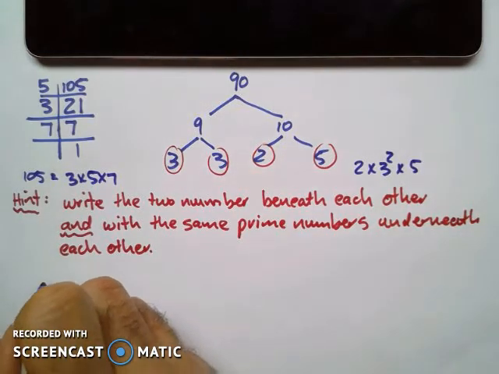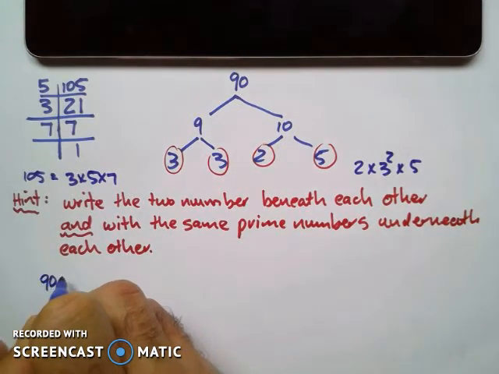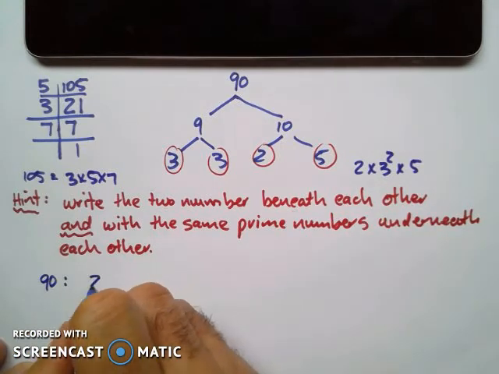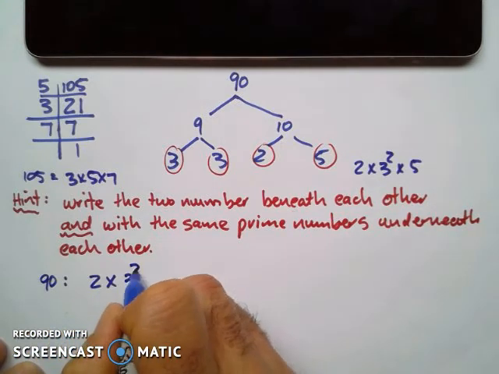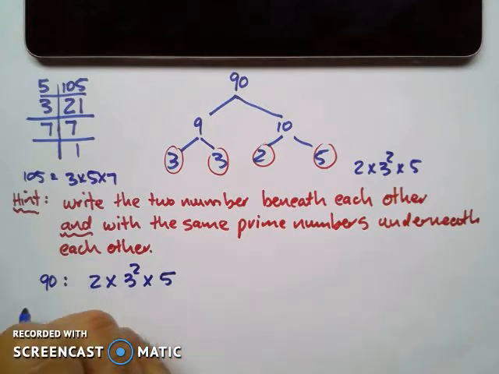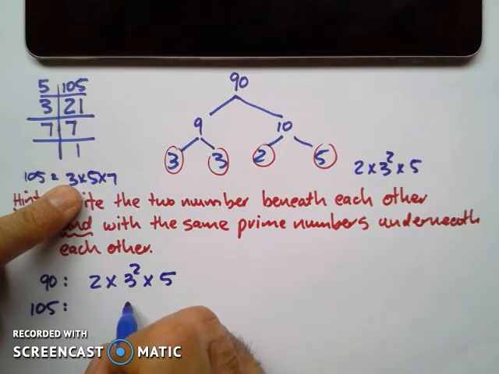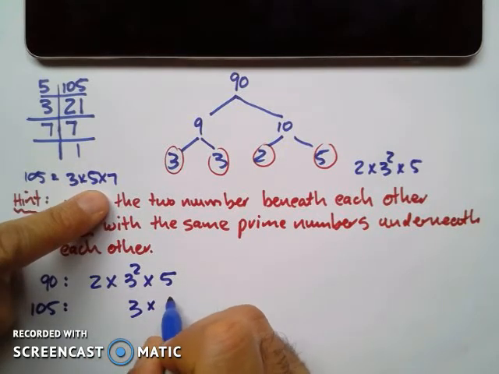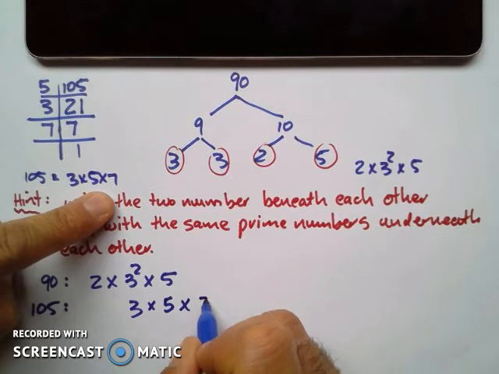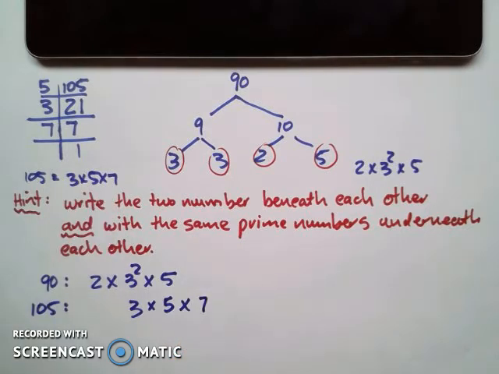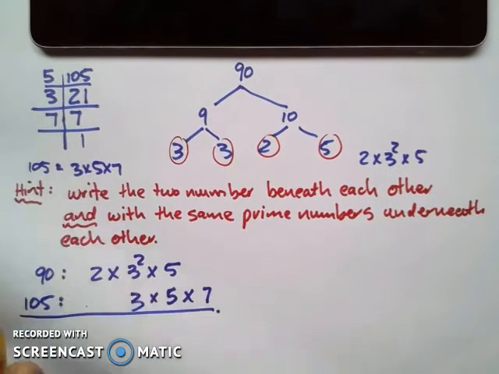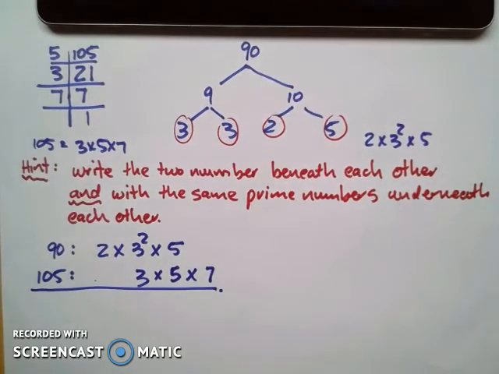So when I have 90, I have 2 times 3 squared times 5, and for 105, I'm going to write the 3 underneath the 3, the 5 underneath the 5 and the 7 over there. So I'm not going to write 3, 5, 7 so that they are not underneath each other.